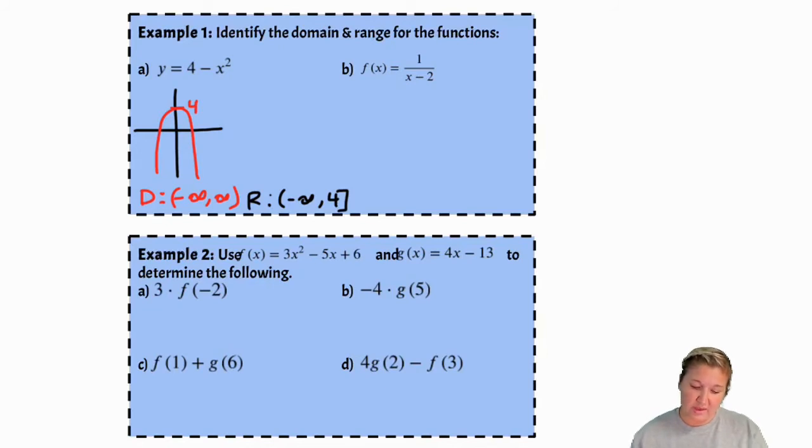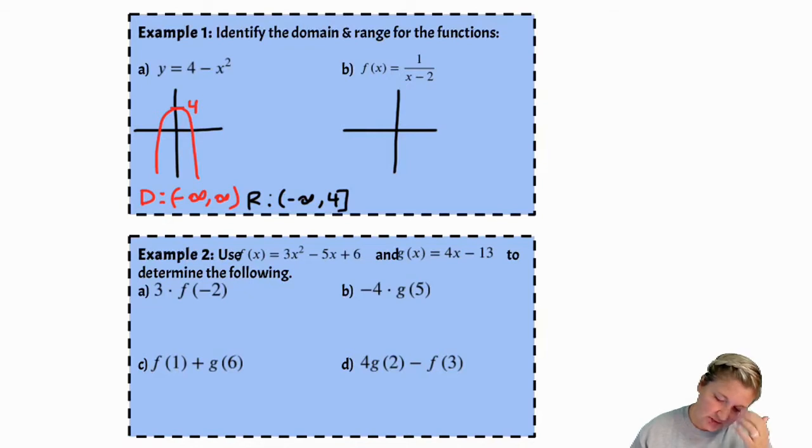And then we have 1 over x minus 2. That is the graph of 1 over x shifted to the right 2. To graph that, it's going to look something like this.